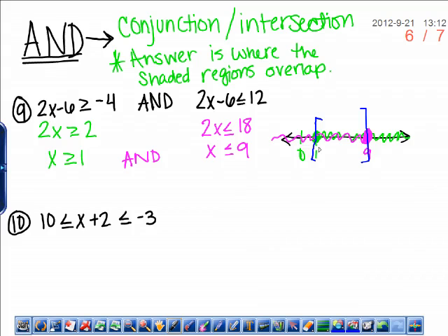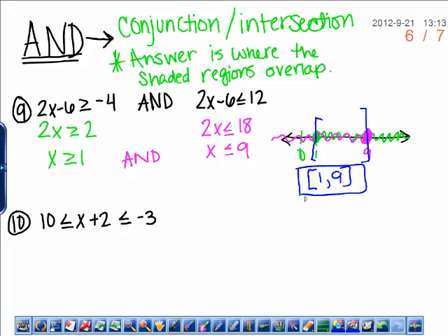Your solutions to an and have to be solutions to both inequalities. So as an interval, how would I write this? Good. If it was just less than or greater than, it'd be a parenthesis.